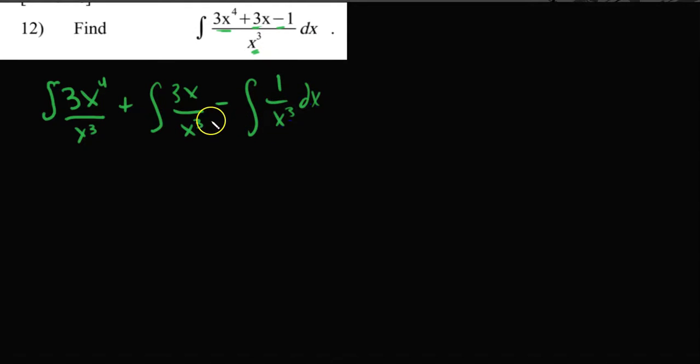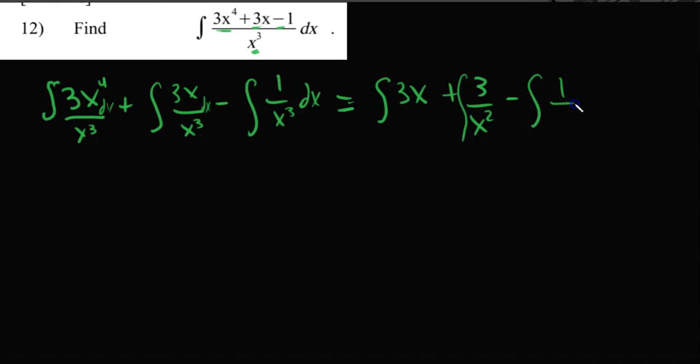There's a dx on all of them. And then we can simplify, cancel out some of the x values. We get 3x plus the integral of 3 over x squared minus the integral of 1 over x cubed. And there's a dx on each of them, but I'm not going to add it right here.